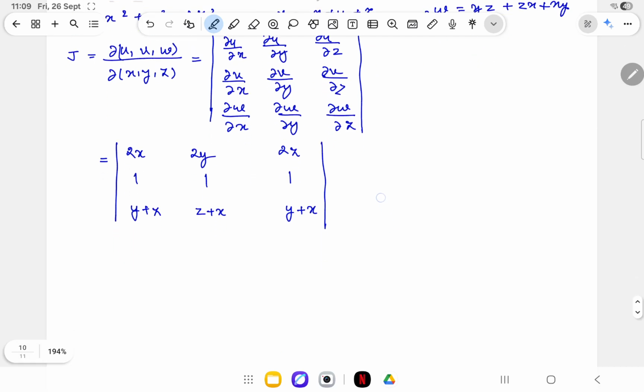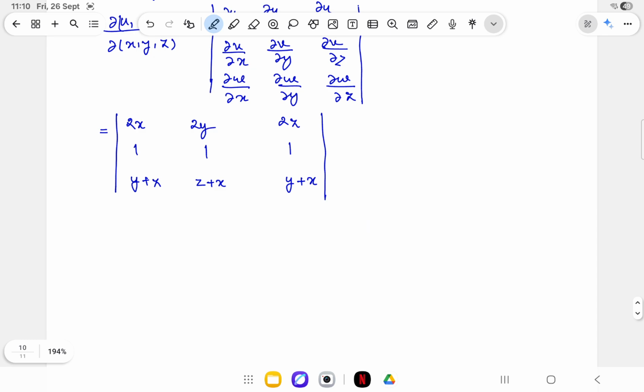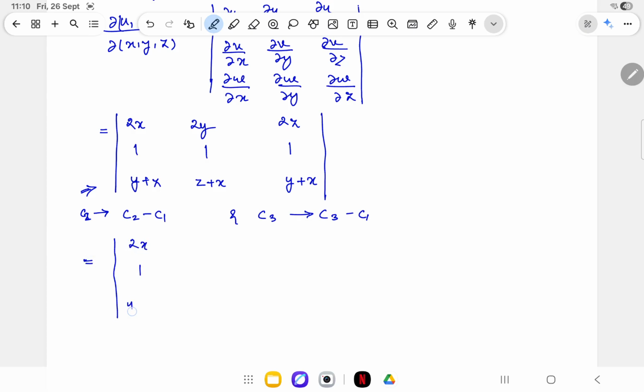So let's use certain elementary column operations to simplify it a bit, or you can expand it from here as well, but let's simplify our calculation by using the elementary operations c2 as c2 minus c1 and c3 as c3 minus c1. This basically will give us 2x, 1, y plus z.